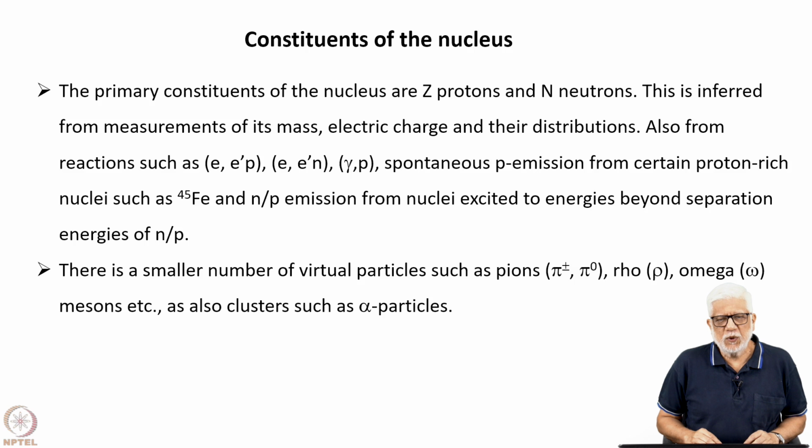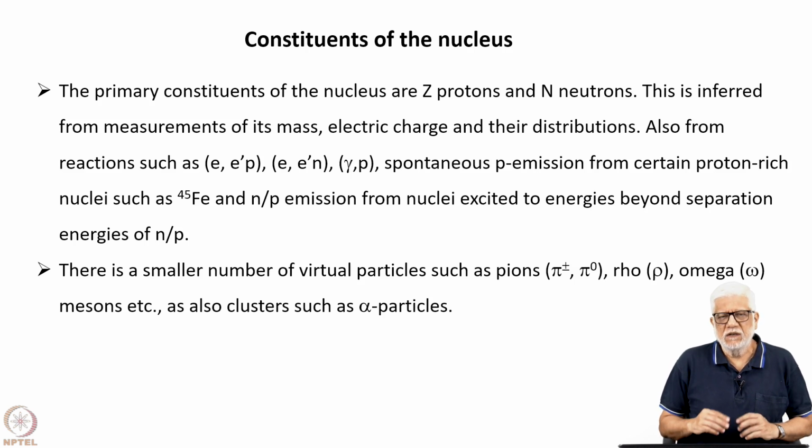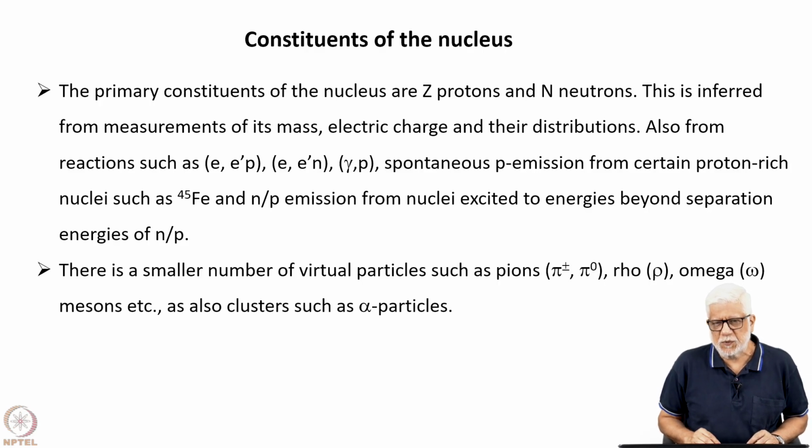There is a smaller number of course, virtual particles. So, they are created and then they are destroyed in the nucleus as is allowed by the uncertainty principle. If you have a virtual particle like the pion, then it has a certain mass, then of course, it can only propagate for a distance of the order of c times delta t, where delta t is from the relation delta E delta t of the order of h cross, the Heisenberg uncertainty principle.